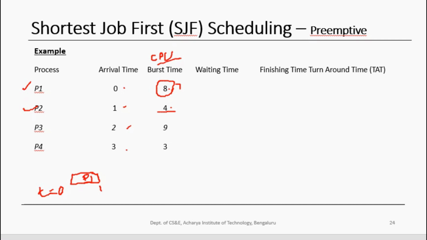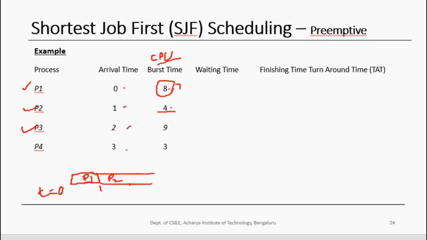This is what I mean by preemption. So now P1 is preempted, and which process is given CPU? That is this P2. Assume that P2 runs for one time unit, that is at time t is equal to 2, P3 comes in.